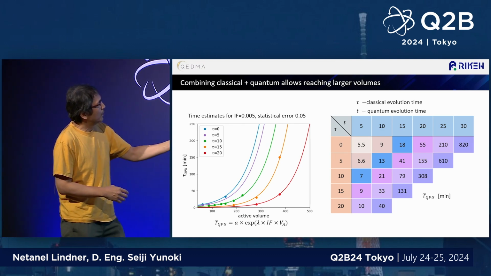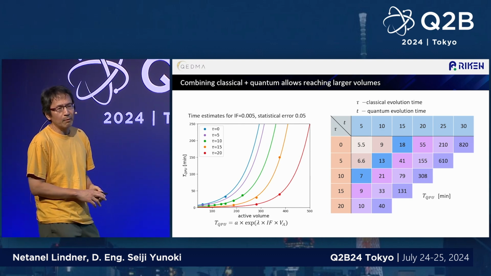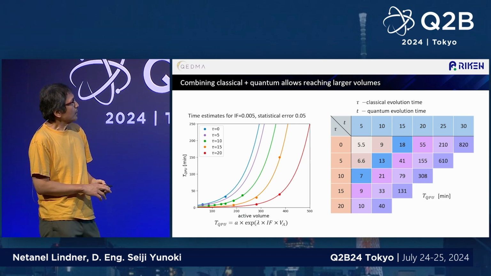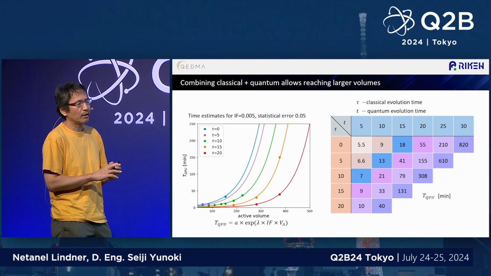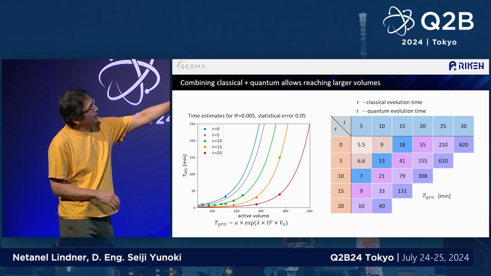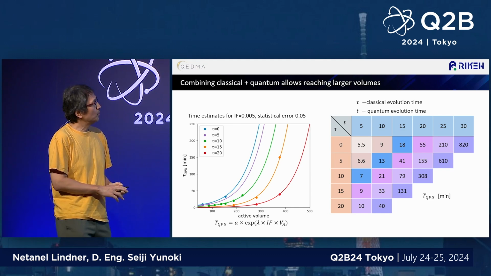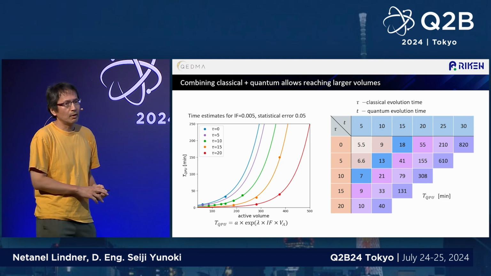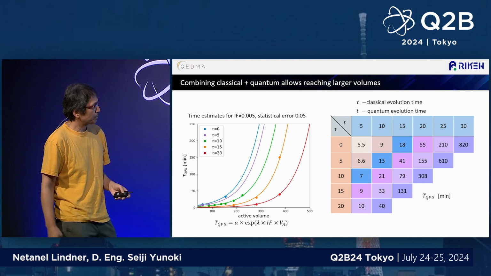So blue is the required QPU time when you use no classical computations, while red indicates the required QPU time when you use classical computers with time evolution like tau equal to 20.